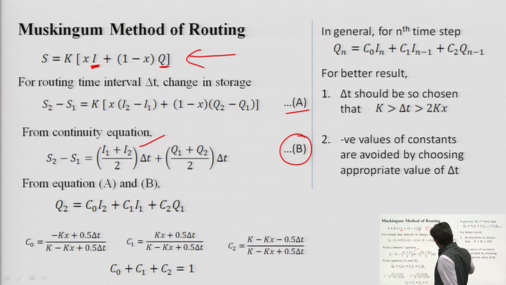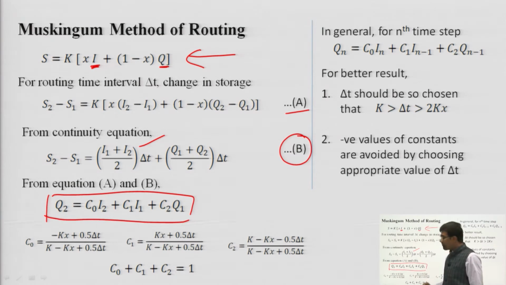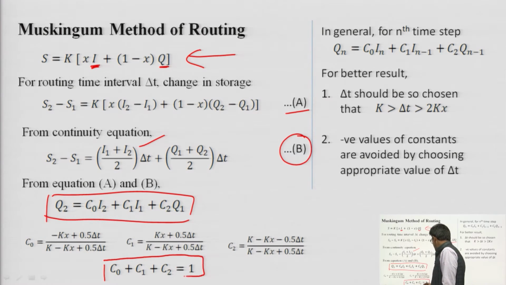Solving equations 1 and 2, Muskingum proposed one equation in terms of constants C naught, C1, C2, and the summation C naught plus C1 plus C2 equals 1.